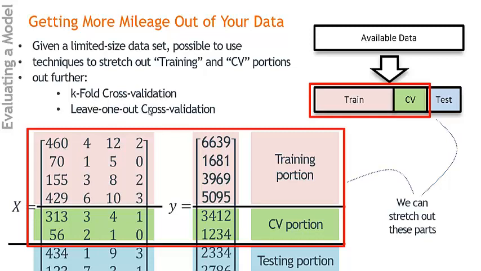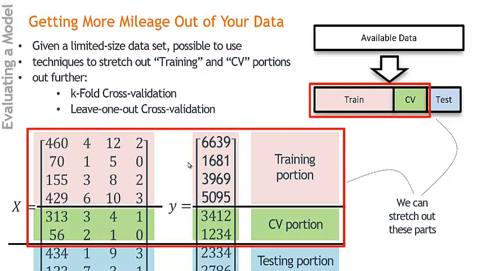Leave-one-out cross-validation would simply mean that you take all your training data except for one data item, train on all the data except for that one, and then predict the one. And you do that for every single item in your training set. So that means you would train a number of models equal to the size of your training set.